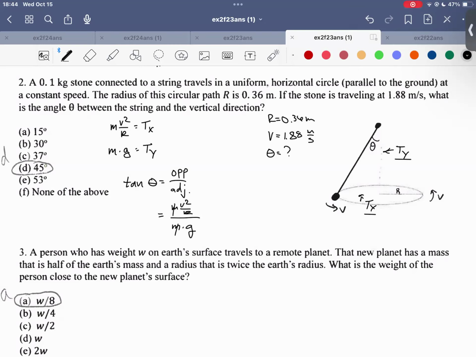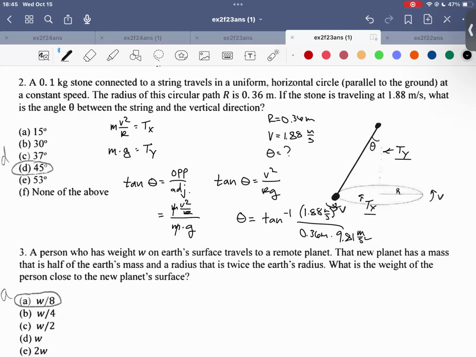And we can cancel our masses. Now we have tan theta is equal to v squared over rg, and theta is equal to tan inverse of 0.88 meters per second squared over r times gravity, which is 9.81.